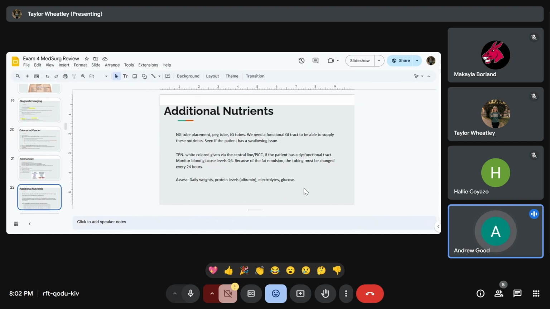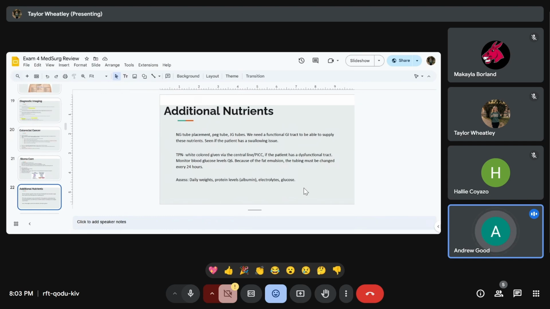So this will be a good test question, and a good connection between what you learn with strokes and CVAs, because those patients will have swallowing issues. So they will have an order for an NG tube placement or a PEG tube placement. So just something to take note of there. They could link the two lectures together.